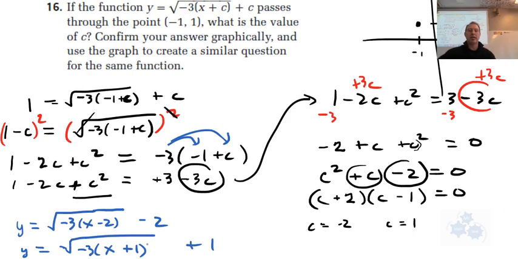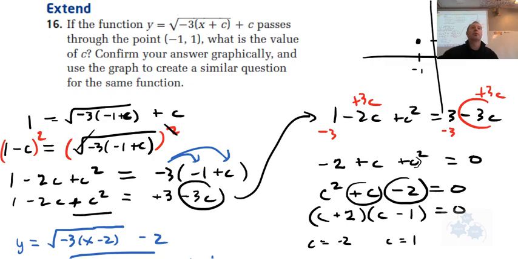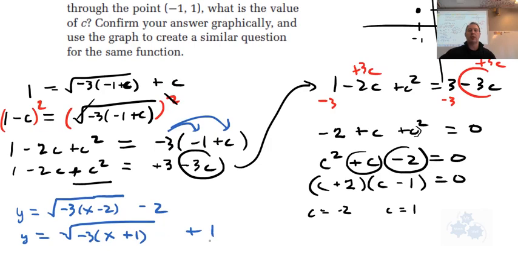So are there any issues with either of these, I wonder? Does either of those not make sense, or is any of those a little bit iffy, or how could we check if both those C's are valid?